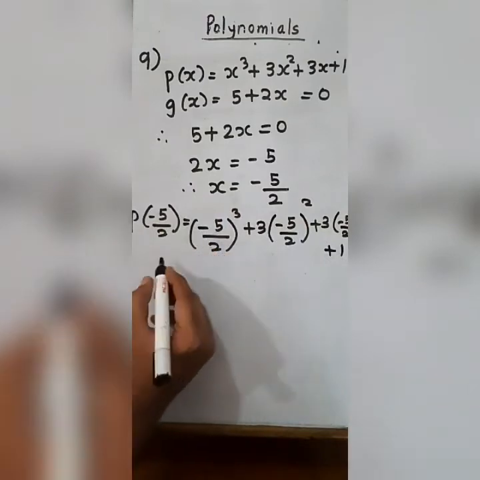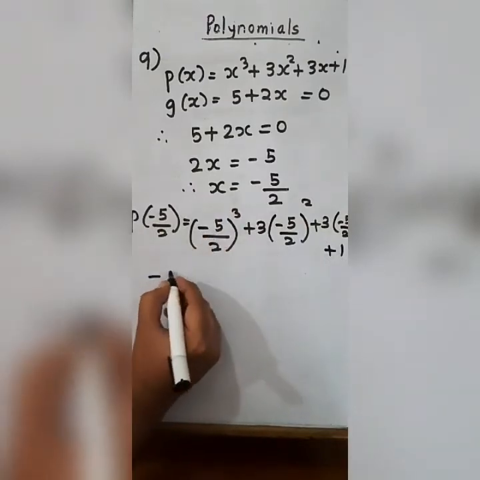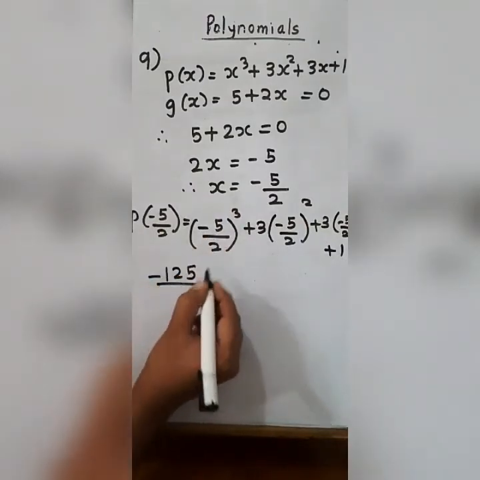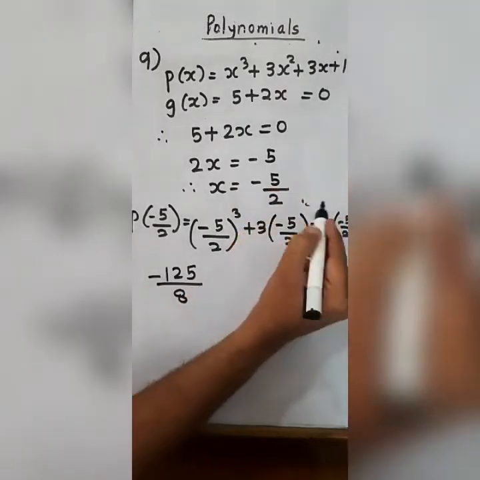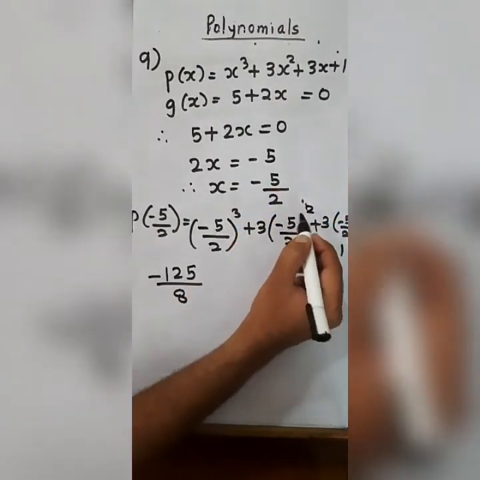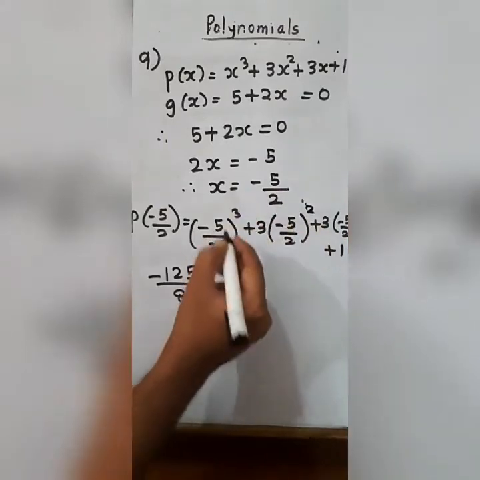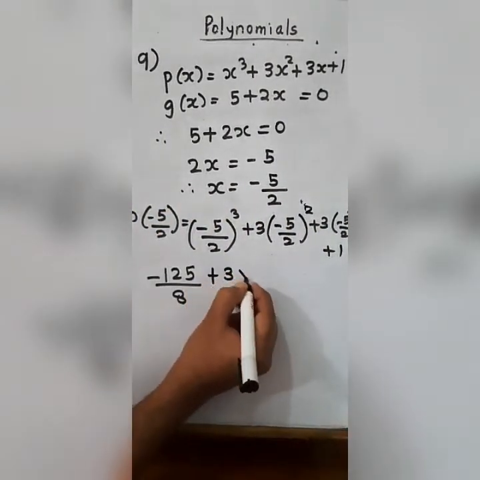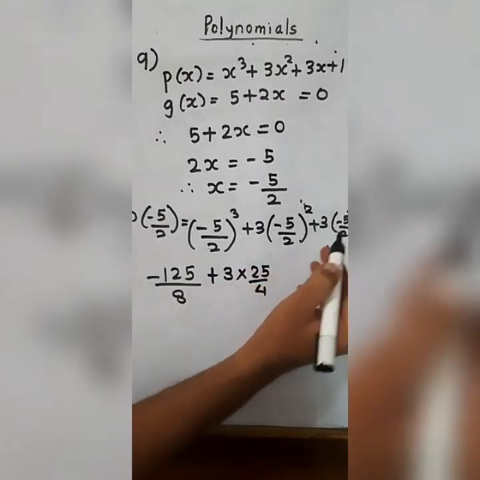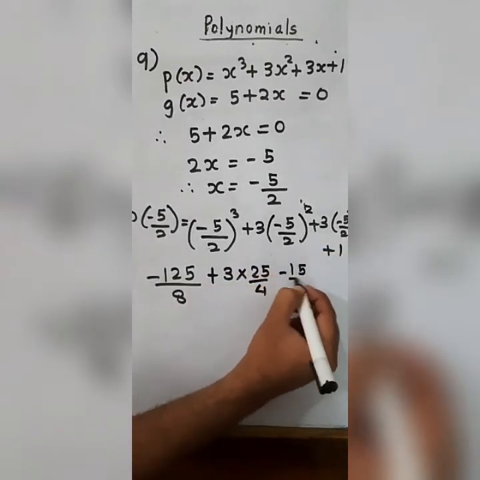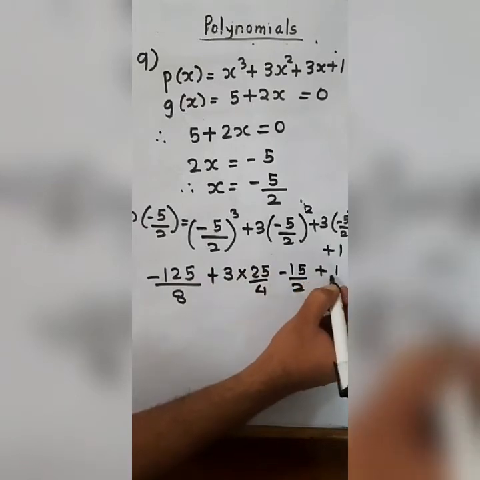Now minus answer will be negative. 5 the whole cube is 125 and 2 the whole cube is 8. This is square. So minus plus 5 square is 25 and 2 square is 4. So plus 3 into 25 upon 4. This is 3 into 5 minus 15 upon 2. And this is plus 1 upon 1.